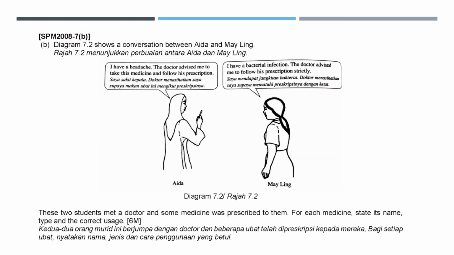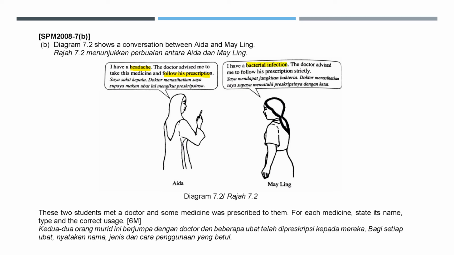Now question B. We look at the conversation between Ida and Mei Ling. Ida said, I have headache. Doctor advised me to take this medicine and follow his prescription. Mei Ling said, I have bacterial infection.